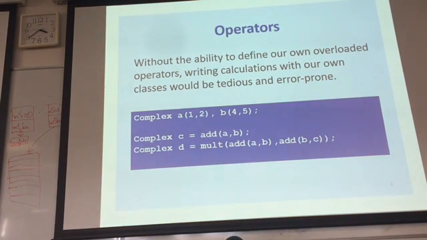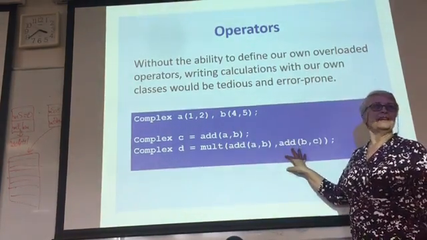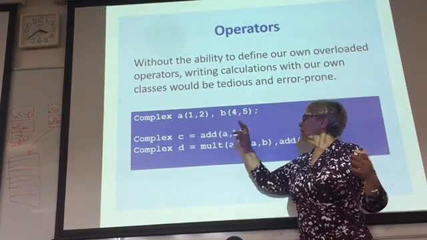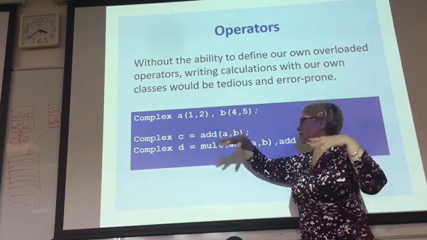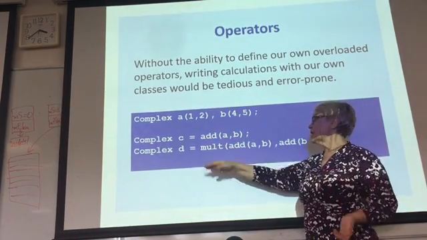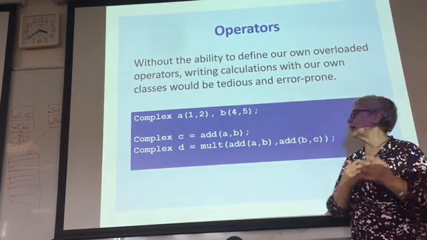Assume that you don't have the plus operator or multiplication. The expression will be a little bit cluttered like this. For example, to add two complex values or other values, you have a function, you have to know the name of the function and how many parameters you pass it.